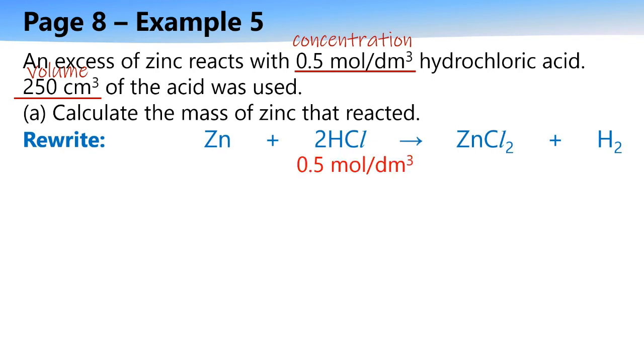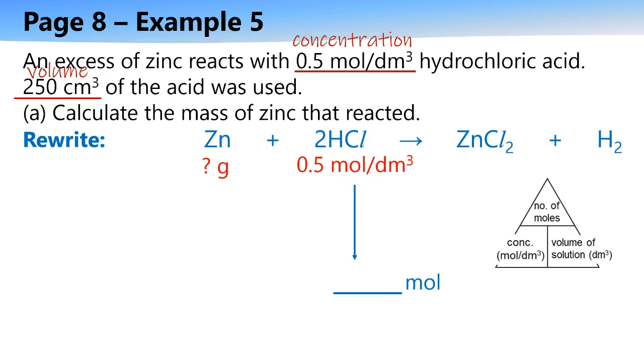So we have 0.5 mole per dm3 of hydrochloric acid, and the question asks us to find the mass of zinc that reacted. In the junction method, we always need to convert whatever physical quantity is given to the number of moles. So for the hydrochloric acid, how many moles of it is it? We have the concentration. From concentration, how do we find moles?